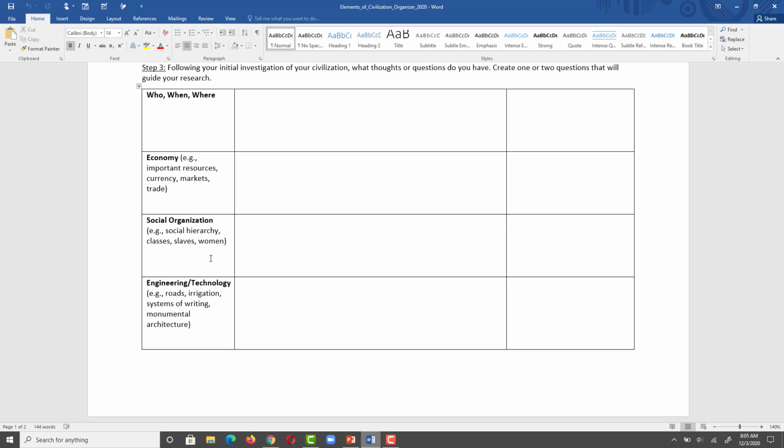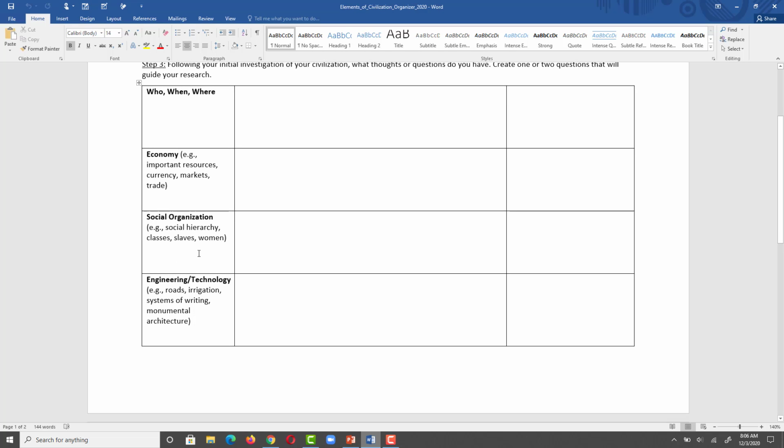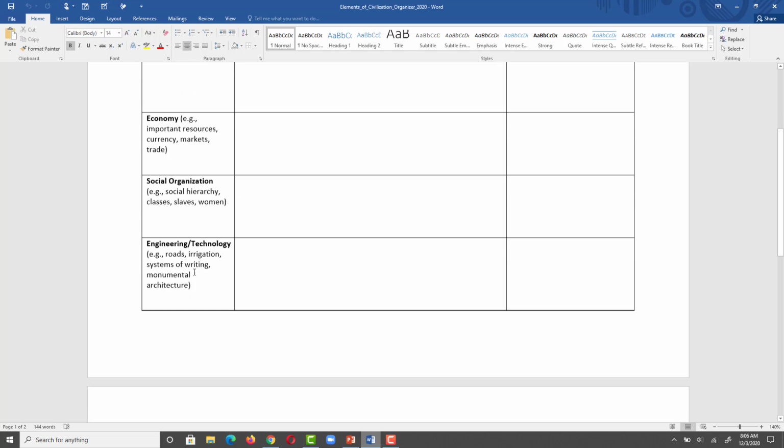You also get social hierarchy. Are you able to identify what that hierarchy looks like? Are there slaves? Can you find out roles of women, for instance? These are tough historical questions, sadly, to find information on.